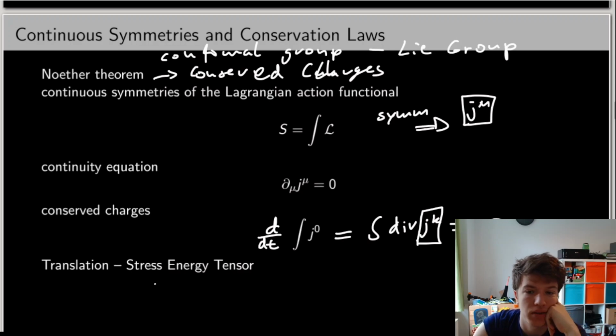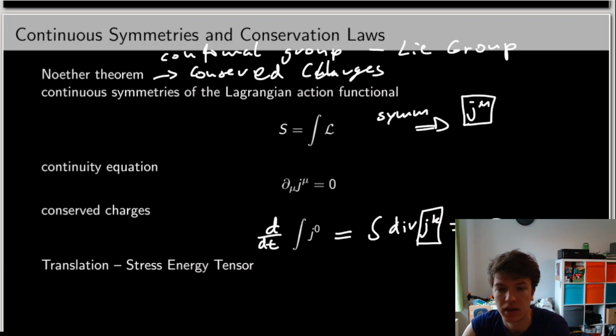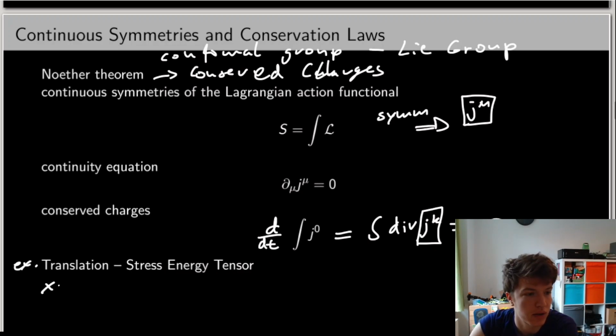So there's also the explicit example of the translations, where we have the symmetry x is mapped to x plus a for all spacetime points, and then the conserved charge.